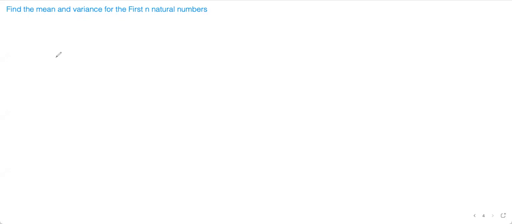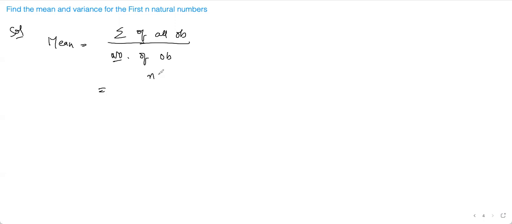The mean of the first n natural numbers can be calculated as the sum of all the observations divided by the number of observations, which is n into n plus 1 by 2, by n, which is n plus 1 by 2.